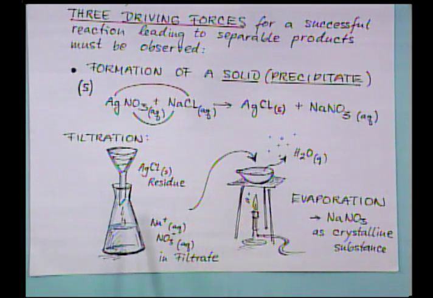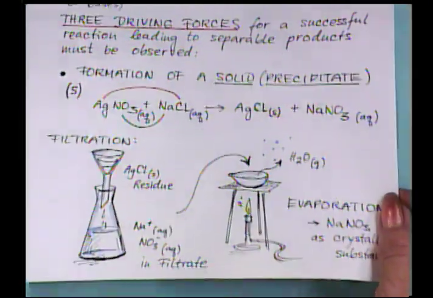And if I drive off the solvent of the filtrate, then I can also isolate sodium nitrate as a crystalline residue. So that would be a positive reaction. That means the driving force was precipitation, which happens to work with these chemicals that I chose.